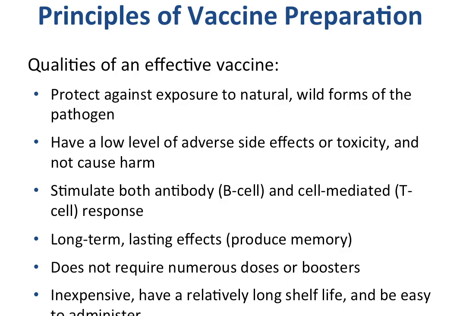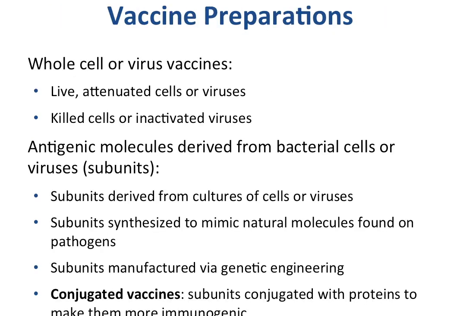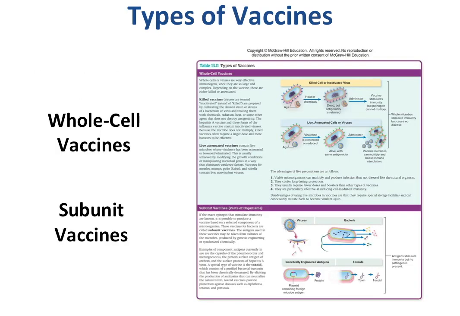It doesn't need too many doses, and it is cheap, not expensive. We can use live attenuated virus or killed virus to make the vaccine. We also can use the antigen fragment of the cells and the virus to make the vaccine. Conjugated vaccine means we can conjugate several pieces of antigen to make the vaccine.